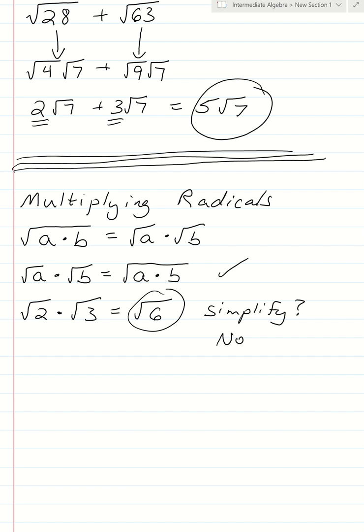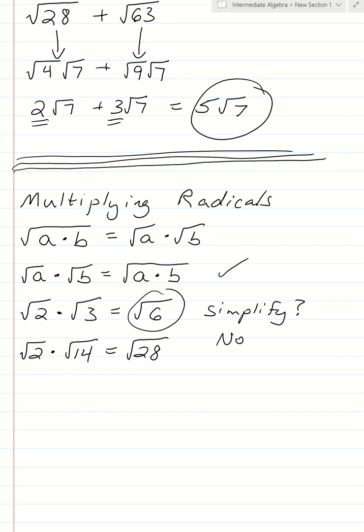If we had, let's say, the square root of 2 times the square root of 14, this is going to equal the square root of 28. Now, can I simplify this answer?